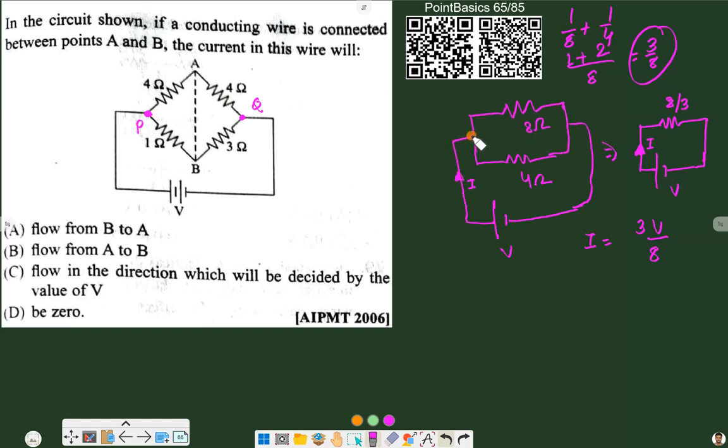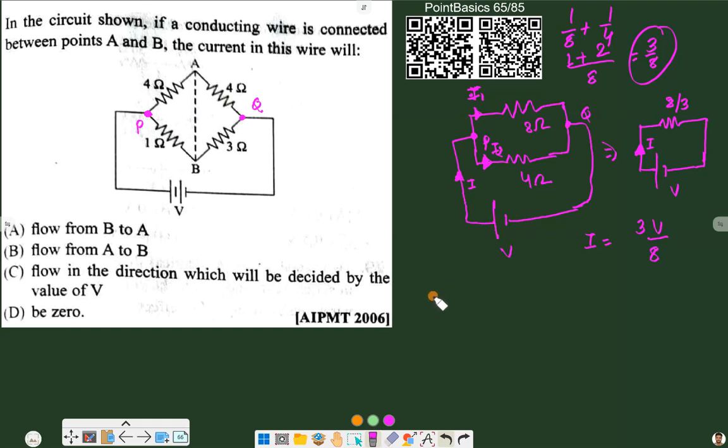Now when this current reaches this point, this is point P and this is point Q, it will split into two parts. Some will go on the upper part, some in the lower. So suppose the upper portion is I1 and the lower portion is I2. Now we can divide I in terms of I1 and I2.